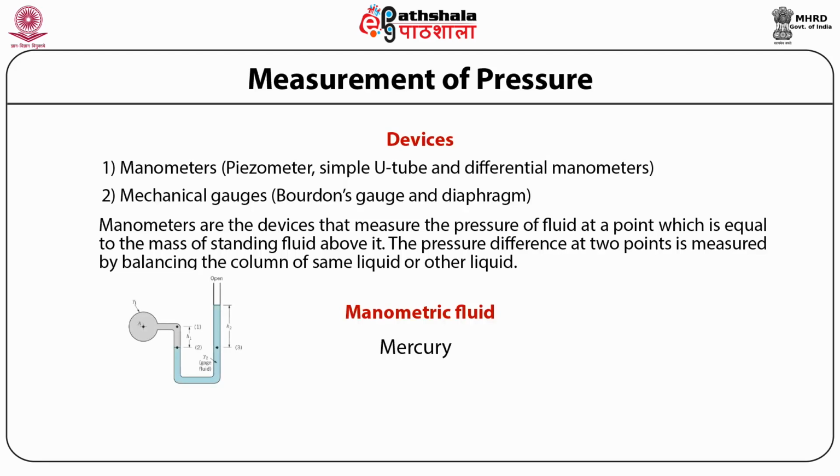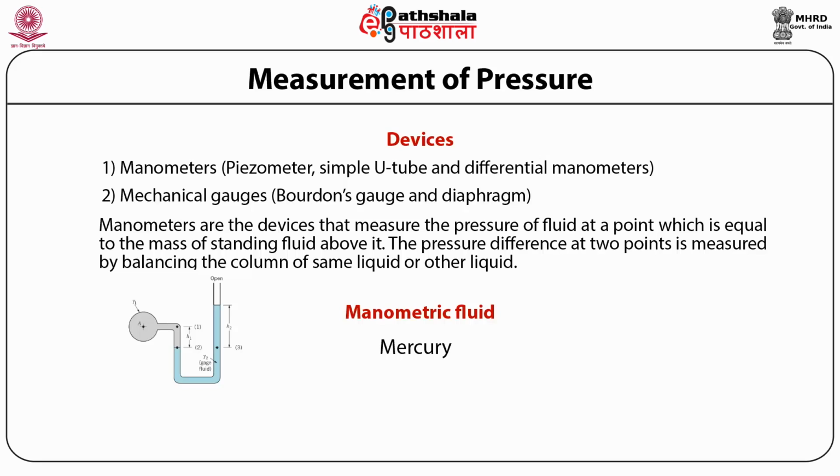See the left side of the picture. Pressure at point A needs to be measured. So, take a reference line at 2, 3. The liquid column above the left limb must be balanced with the liquid above the right limb.